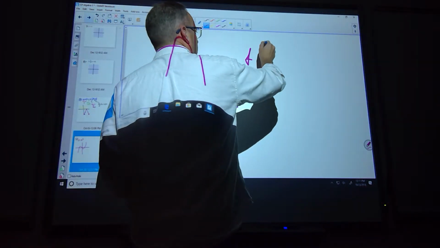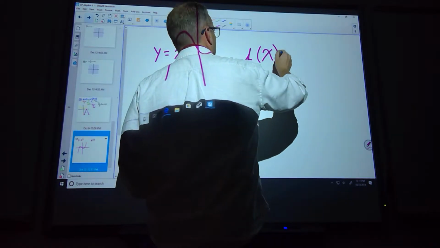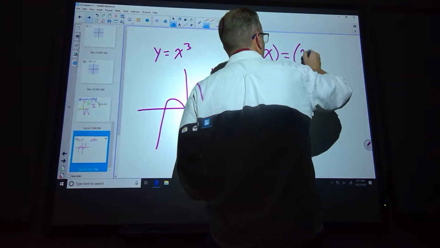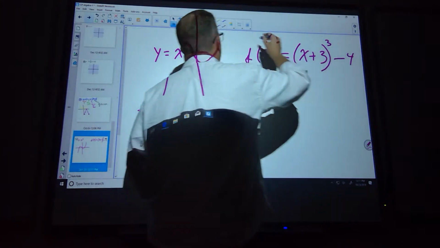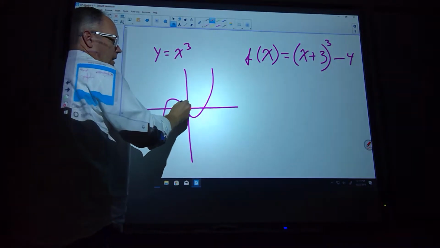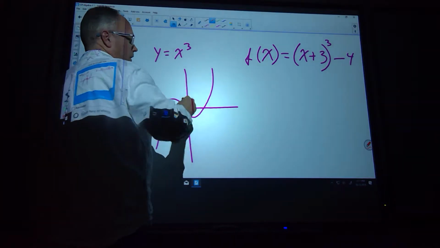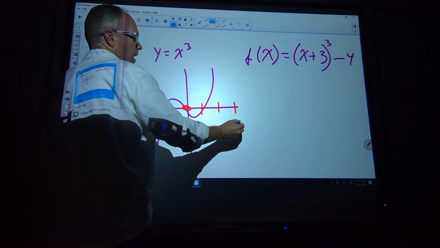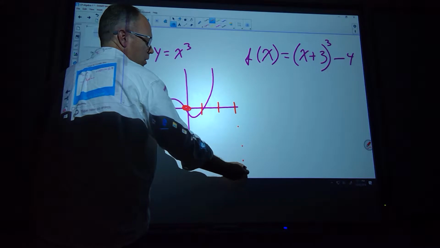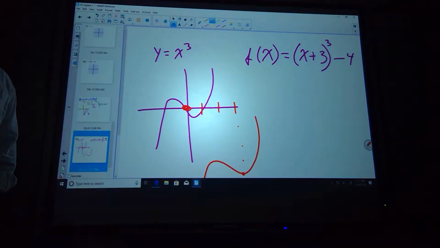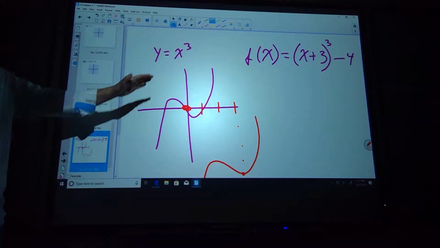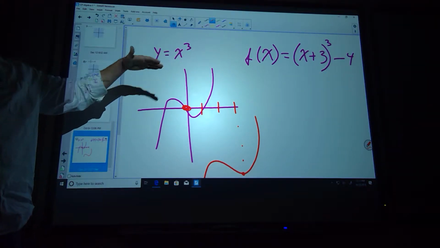So if I had this, this point right here, which was 0, 0, is now going to go right 3 and down 4. And so then this would look like that. So it's the same shifting that's taking place. I'm not asking you to understand what that graph is. It's just the same.